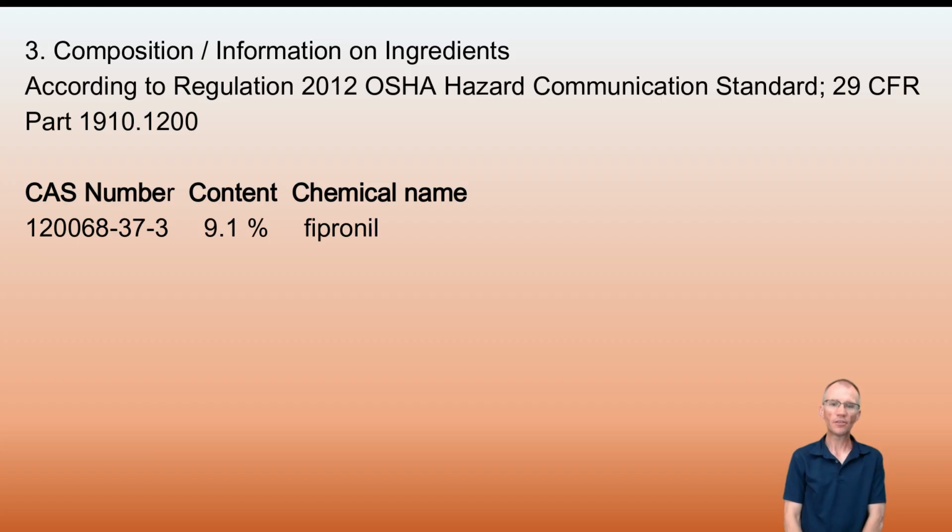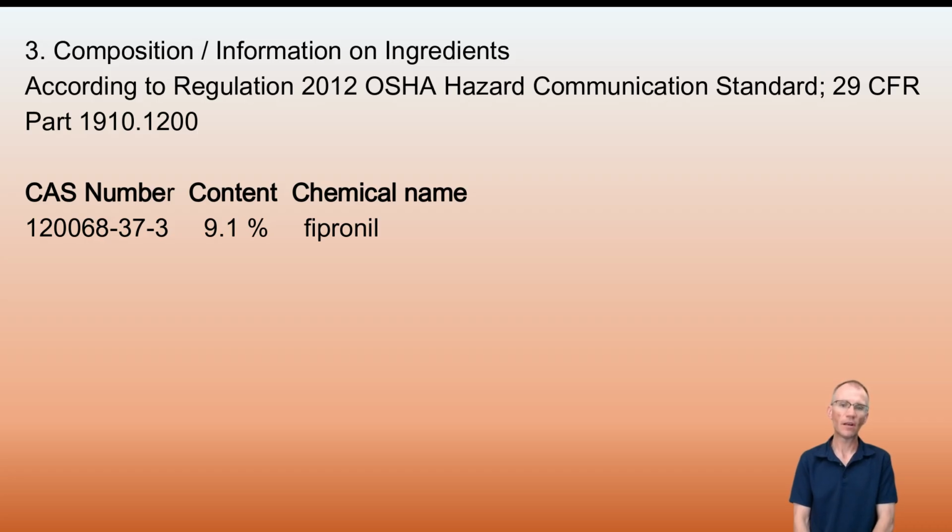Let's look at section 3, composition, information on ingredients. According to Regulation 2012, OSHA Hazard Communication Standard 29 CFR Part 1910.1200. Due to time constraints in this course, I'm only going to give you the CAS number, the content percent, and the chemical name of the active ingredient of this product.